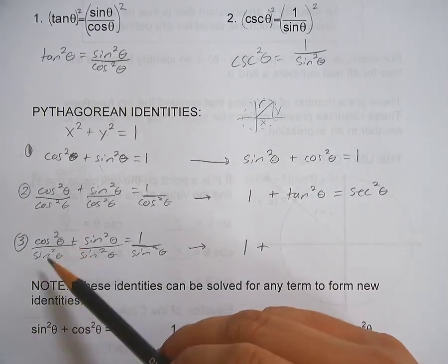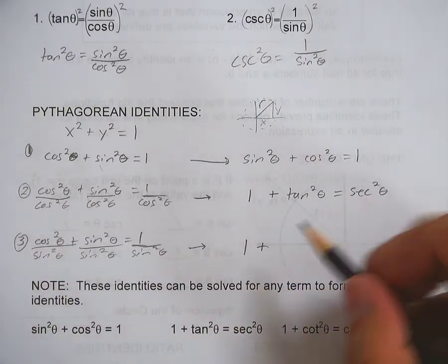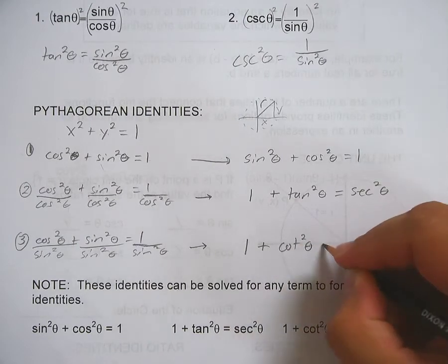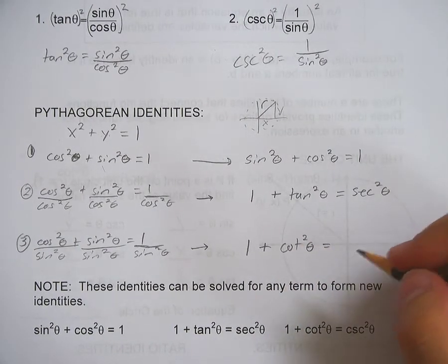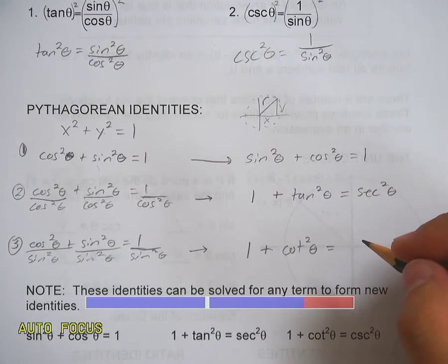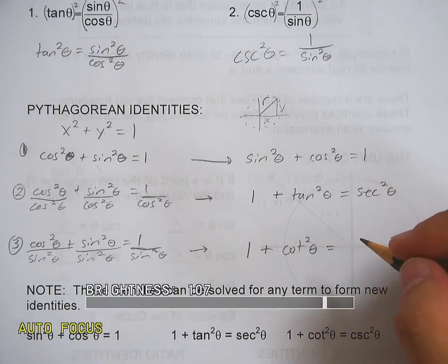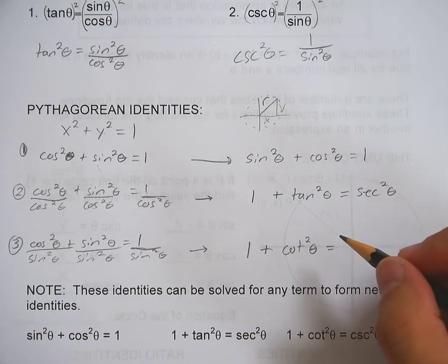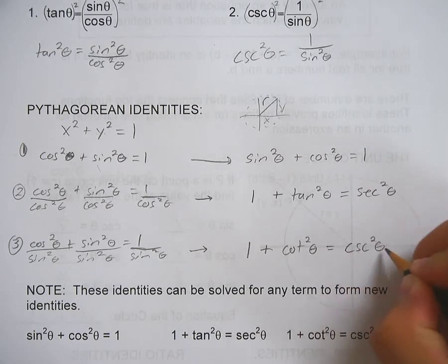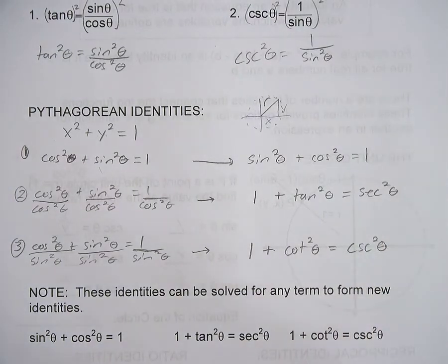Plus cosine squared over sine squared, x over y, that's going to be cotangent squared theta is equal to 1 over sine squared theta. Well, that's cosecant squared theta, right?